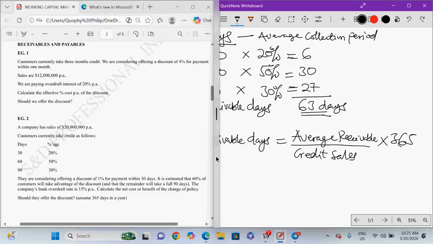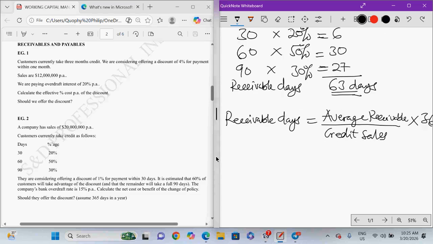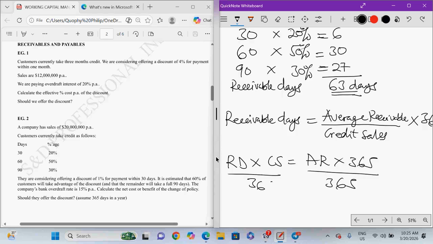So we are going to make average receivables the subject. So here it means that receivable days multiplied by the credit sales is equal to average receivable times the 365. We want average receivable. We divide both sides by 365. This one will cancel this.